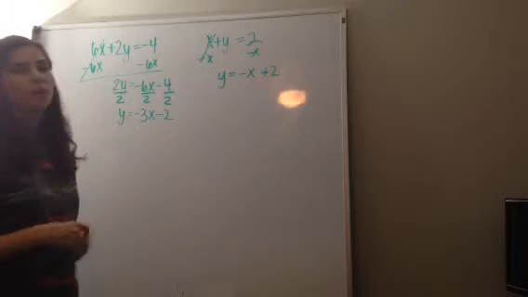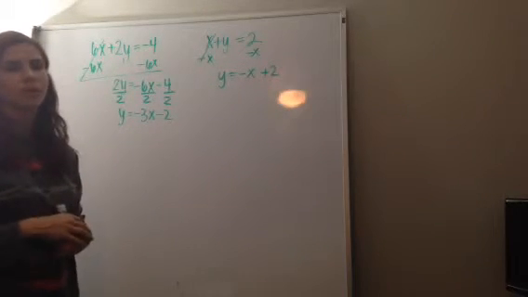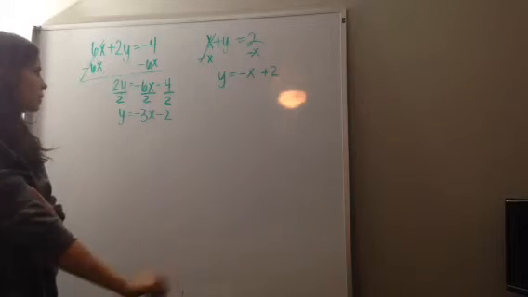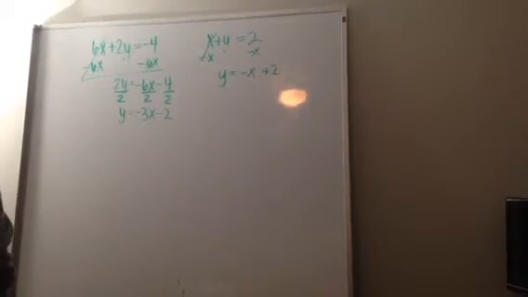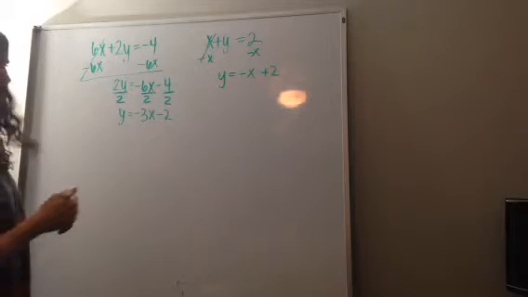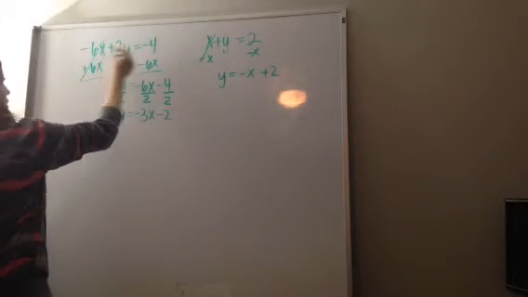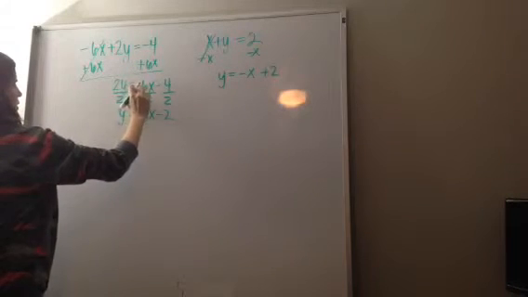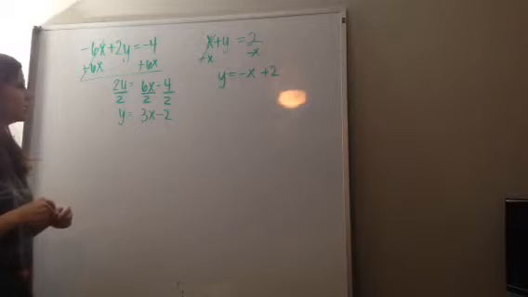So these are going to cross one time. Just by looking at the slopes alone, I know that they're going to cross one time. So let me just make sure. I actually wanted this to be -6x, sorry, so that should be a positive 3x, sorry, that wasn't very good of me.